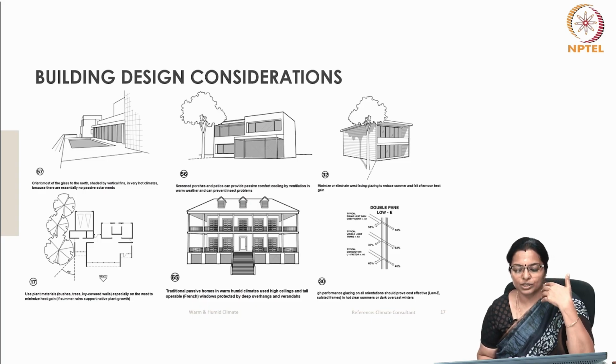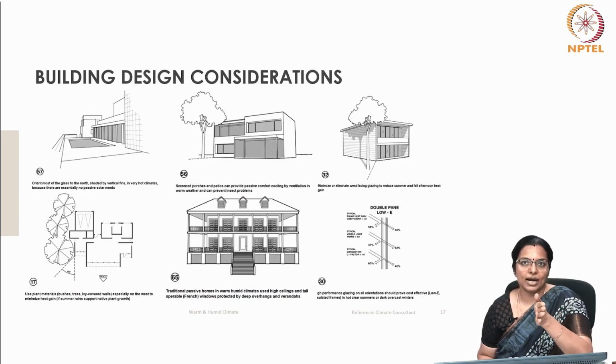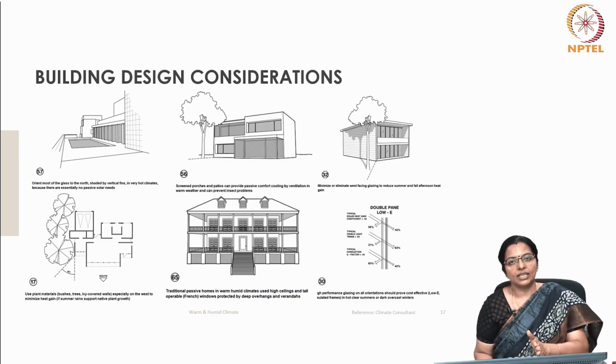Then screen porches and patios can provide passive comfort. Then there should be minimum or elimination of western facade glazing and habitable spaces on the west. Plants and vegetation can be used on the west to act as a buffer to cut away the intense solar radiation.